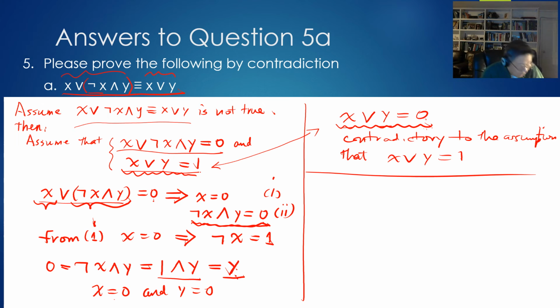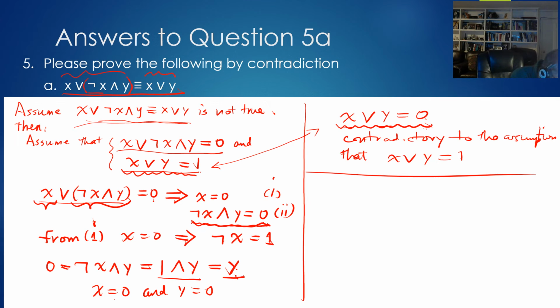So we're not done yet, because we only proved the one side. In order to prove that this is not true, we proved that it's not possible that the left side is 0 and the right side is 1.